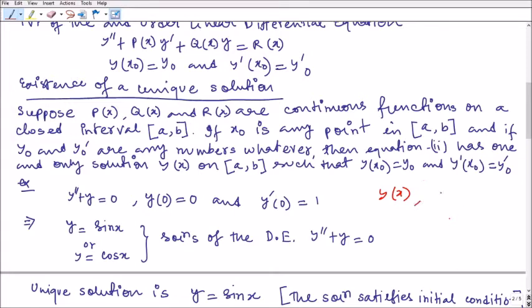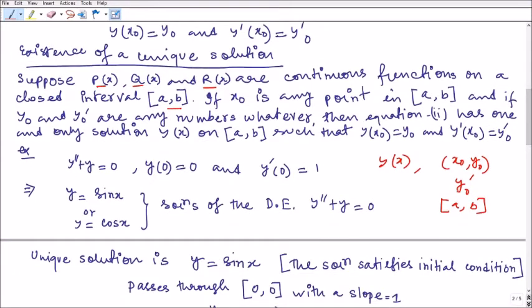The solution of the differential equation would pass through this point x0, y0 with a slope y dash 0, if this condition holds, that is, p, q, r are continuous functions of x on the closed interval a b. So let us discuss an example.